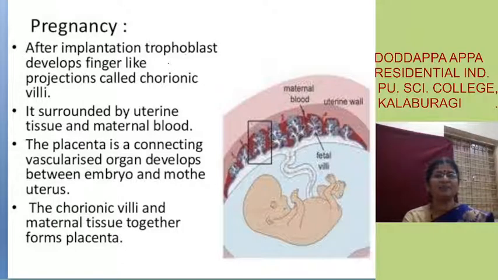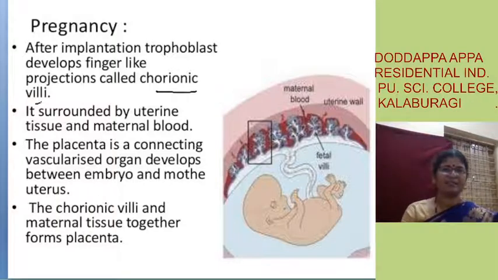So after implantation, the trophoblast will develop chorionic villi. Fine, it will develop a finger-like process which will get embedded in the uterine wall to form the placenta, and it will get surrounded by the uterine tissue and the maternal blood. Here you can see the formation of the placenta.